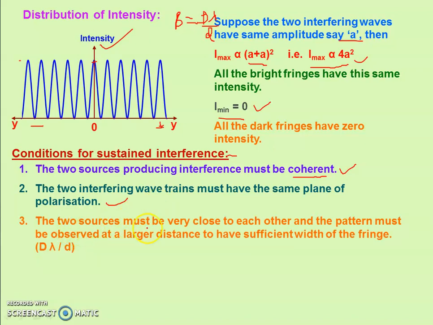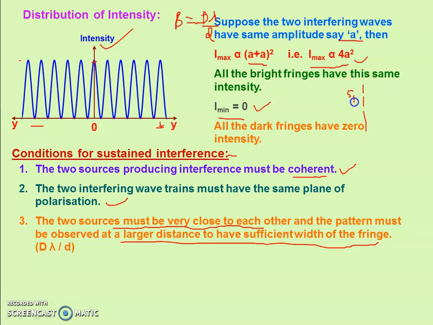Number 3: the two sources must be very close to each other, and the pattern must be observed at a larger distance to have sufficient width of fringes. It means if there are two sources, the separation of sources should be very small.